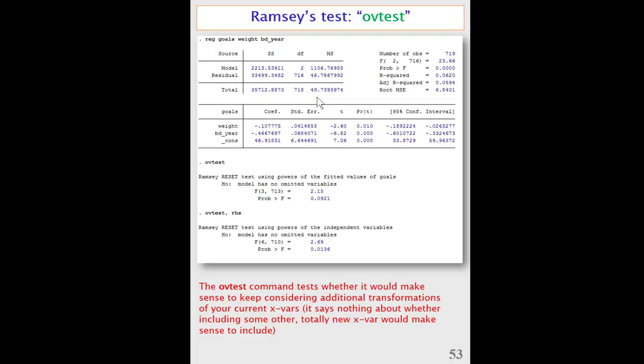And here you see my H0 is in fact rejected. So this would be hopeful, perhaps it's good enough, but this is saying no. That H0 here, saying you've done enough with these two variables, where I did nothing actually, is rejected. 0.01, below 0.05, so I have to keep fumbling with the two predictor variables that I have.